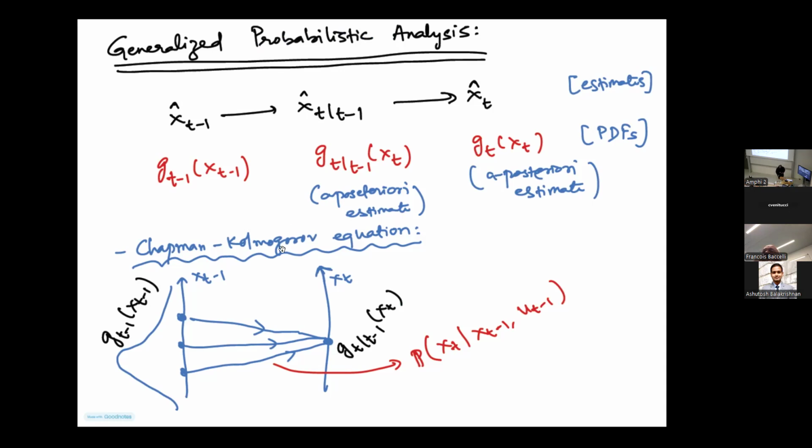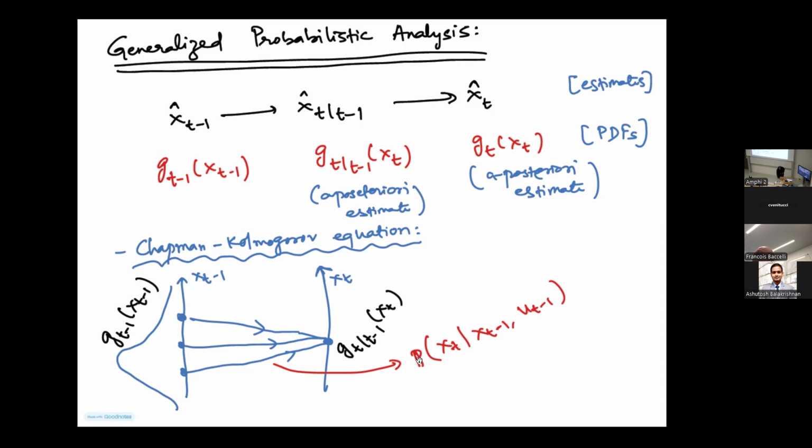So now we apply the Chapman-Kolmogorov equation. Through Chapman-Kolmogorov, we want to estimate the a priori PDF g of t given t-1. So there is a typo here; this one is the a priori. The idea is that we have this PDF g of t-1 at xt-1, and through this we see the transitions which are happening.